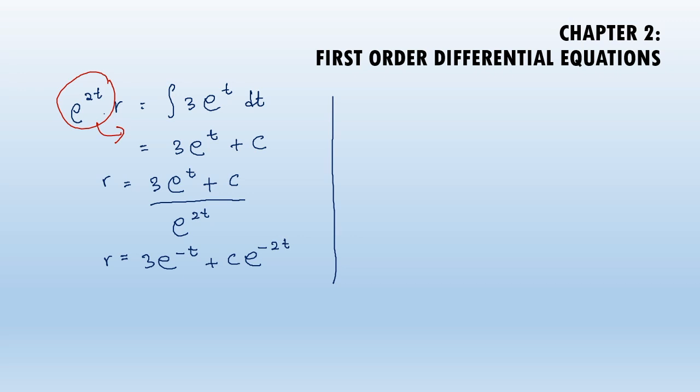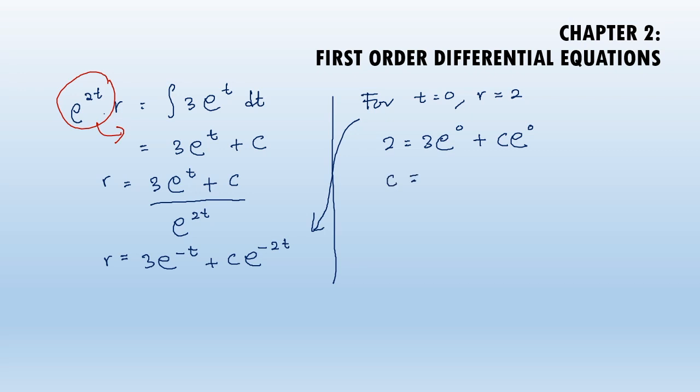Since in this example we are given an initial value, which is for t equals 0, we have r equals 2. So we substitute into the general form of the differential equation. So we have 2 equals 3e to the power of 0 plus c e to the power of 0.